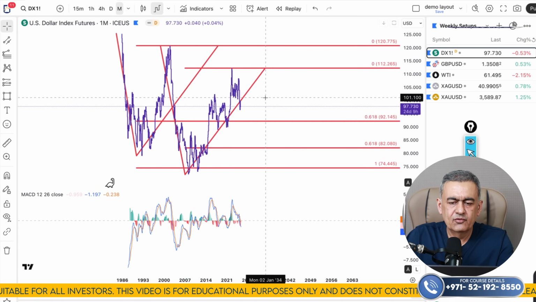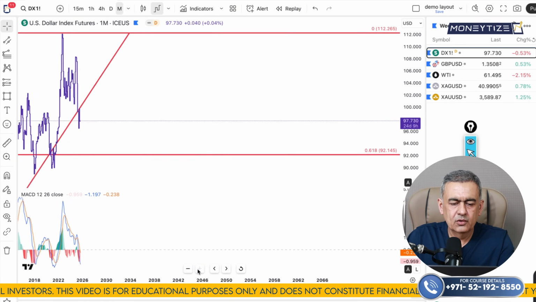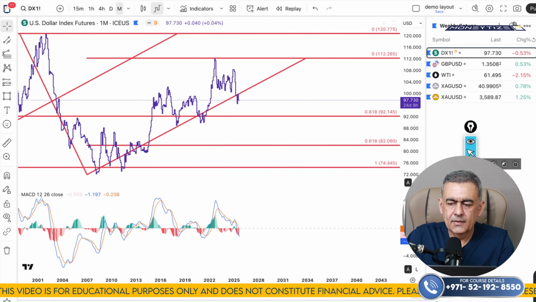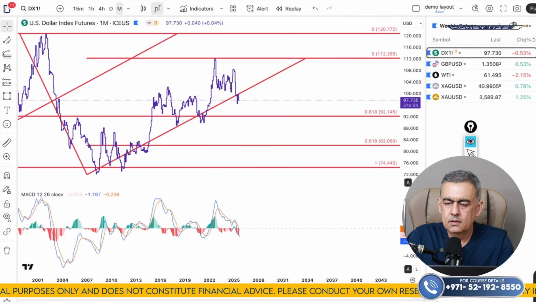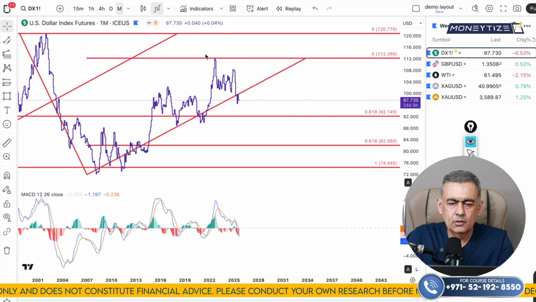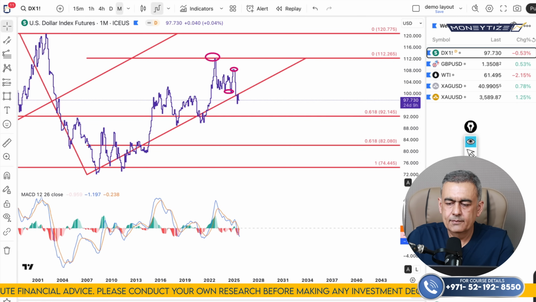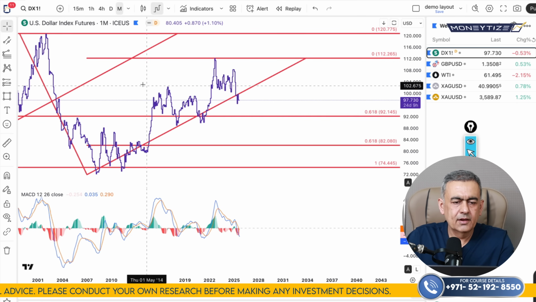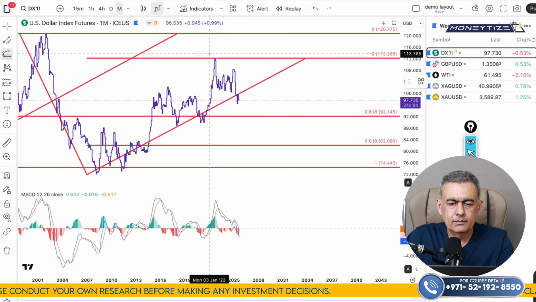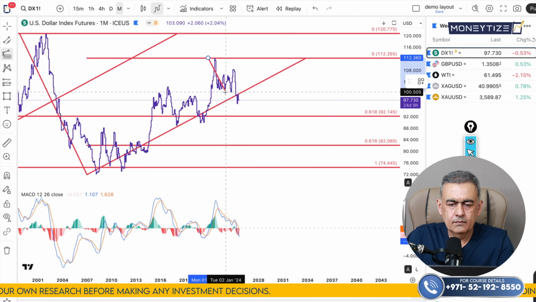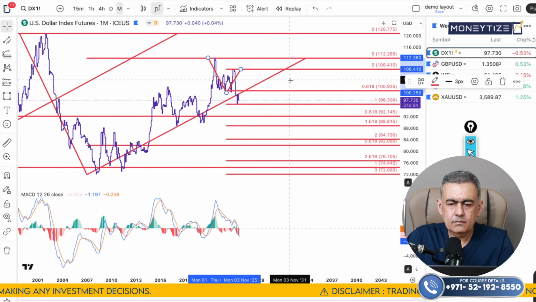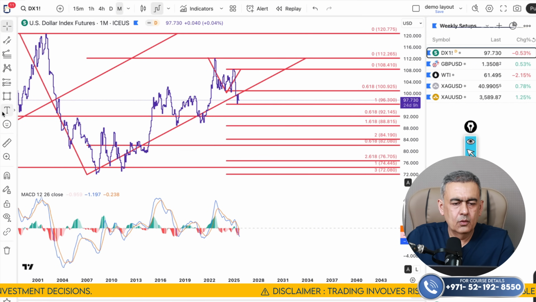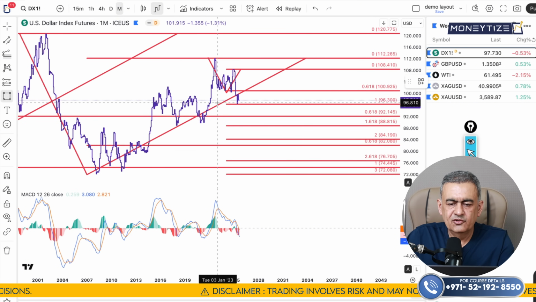So I need to apply fib extension one more time. So here I'm going to connect with the new one. I'll select the latest lower high with the new low and the next lower high. So I'm just covering all bearish cycles here. Done. So we got to the extension here.